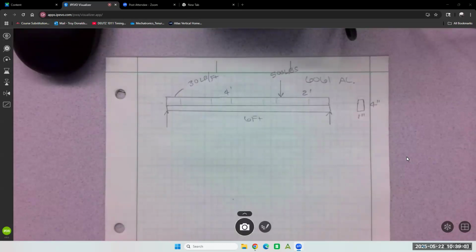So the distribution is 30 pounds per foot, 500 concentrated, 2 foot from the right end.